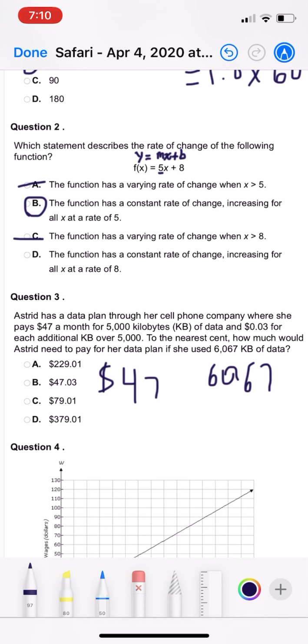I also know that she spends 3 cents for each additional kilobyte over 5,000. So I have to find out how many kilobytes are over 5,000. So if she uses 6,067, I have to subtract 5,000 from that.